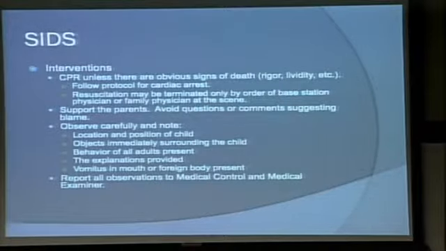And the chances, so whether it's SIDS or a child arresting, remember the usual bystanders are the family, because almost all cardiac arrests occur in the home. If you're in a white neighborhood and a white kid, you've got a 95% chance of having CPR.